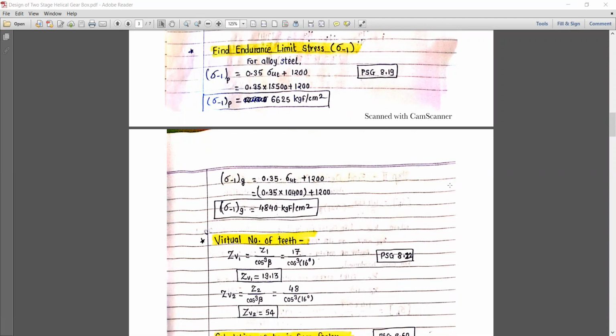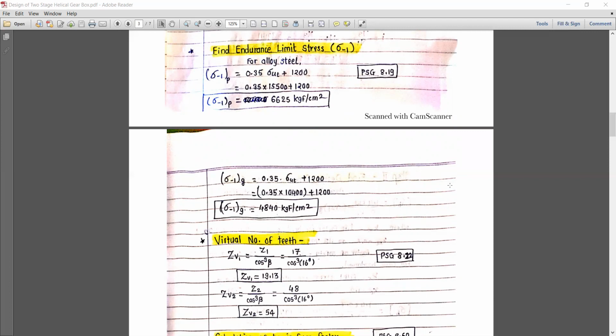For alloy steel, sigma, that is the endurance limit stress for the pinion, is equal to 0.35 sigma ut plus 1200. That value is in Newton, so we need to convert it into kg per centimeter square.